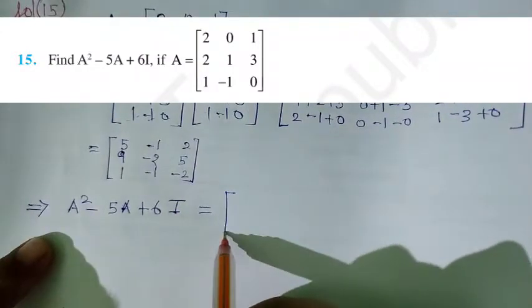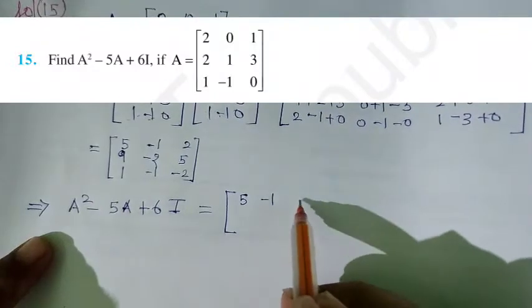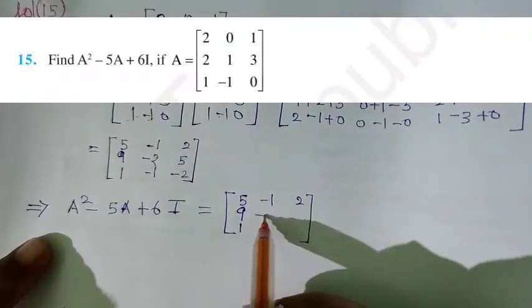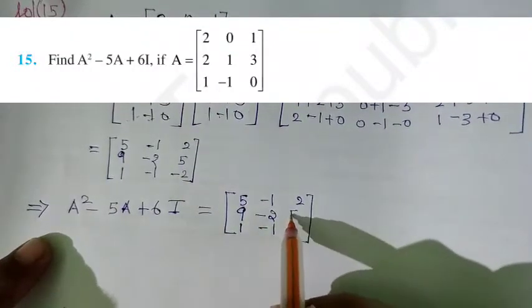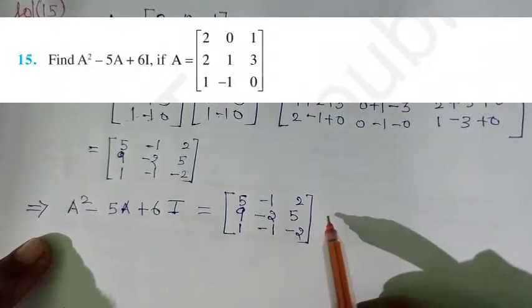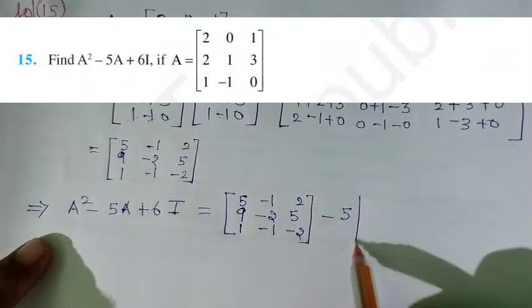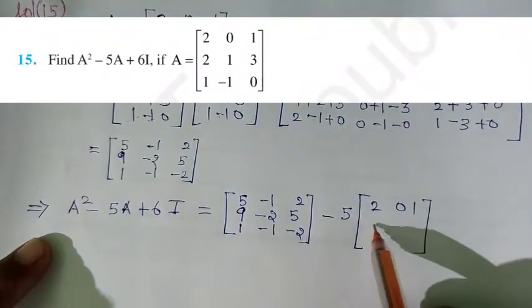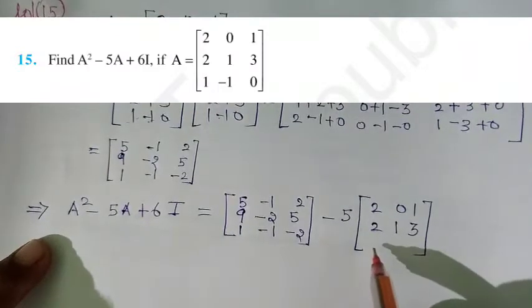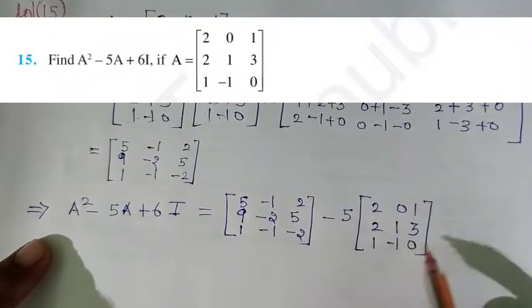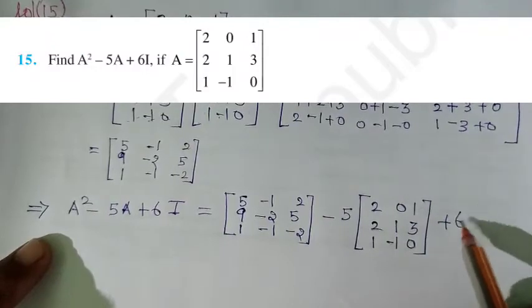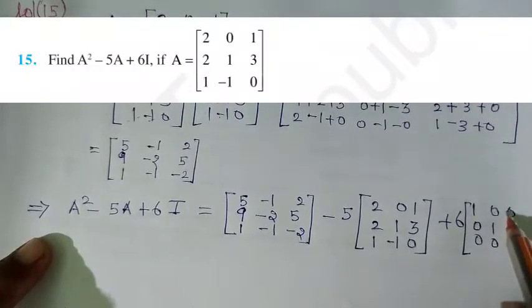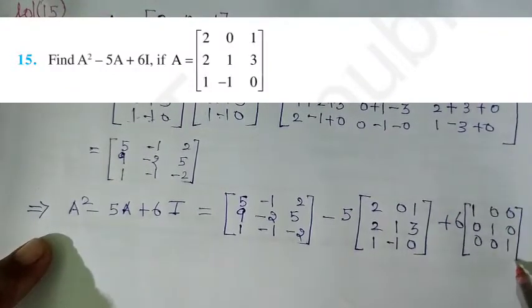A square we have got 5 minus 1 2, 9 1 minus 2 minus 1 5 and minus 2, minus 5A, 2 0 1, 2 1 3, 1 minus 1 0, plus 6 times 1 0 0, 0 1 0, 0 0 1.